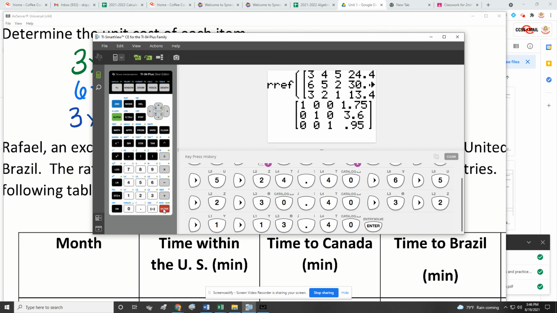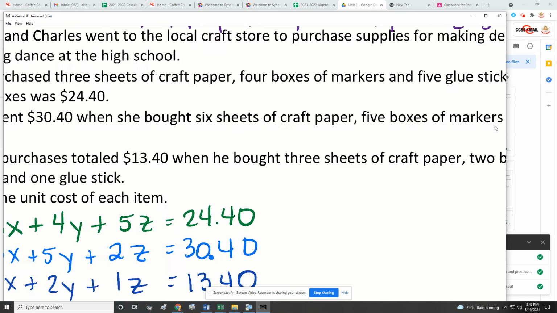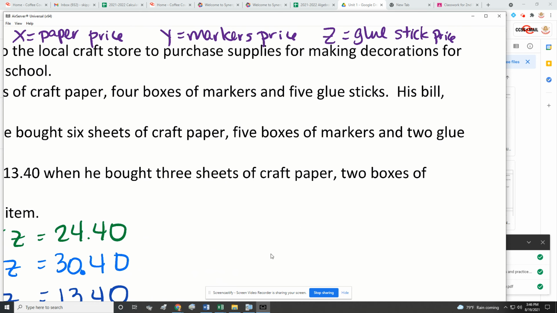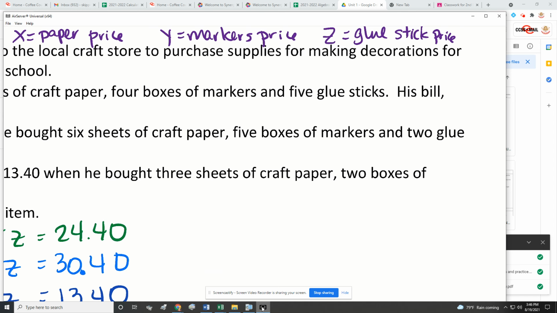Okay, so this is okay because this looks like money. It's fine. So what that means, because we already wrote down what everything was, the X was $1.75. So that means the paper cost $1.75. Right? The Y was 3.6.